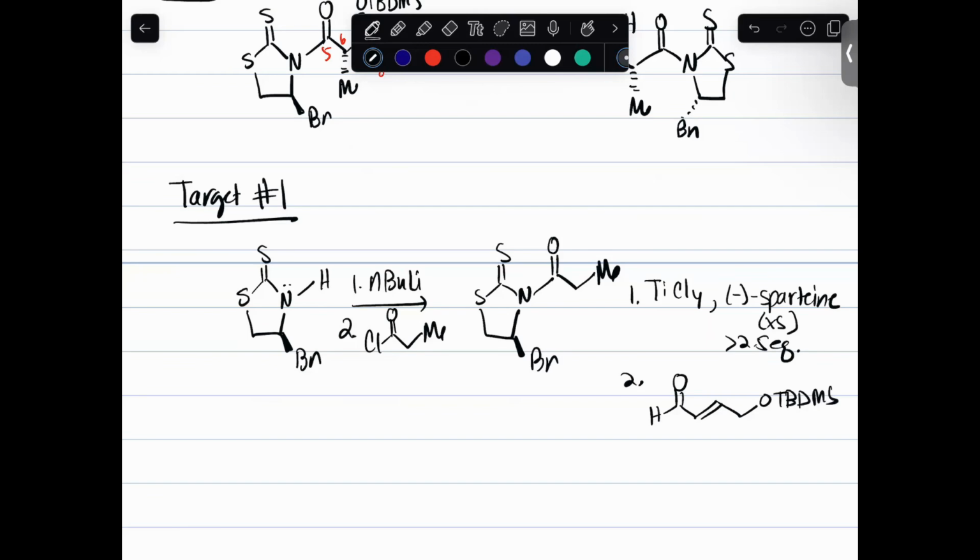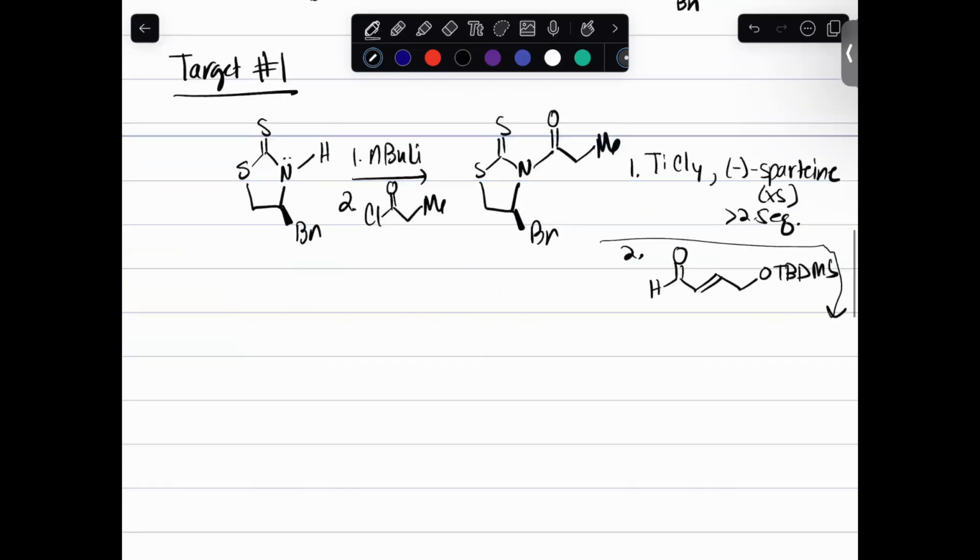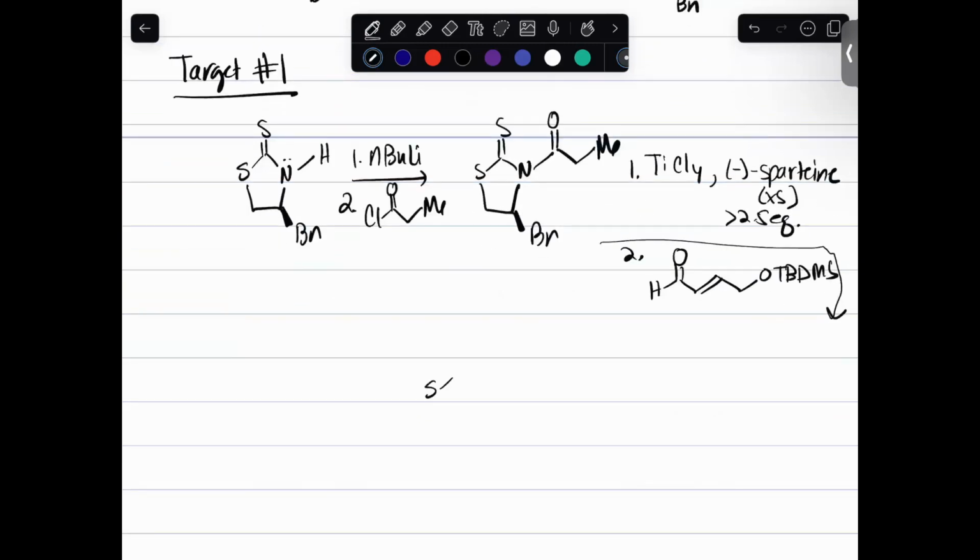And because he's using an excess of his sparteine base, he is going to see syn product. And specifically, he is going to see the dashed syn product.